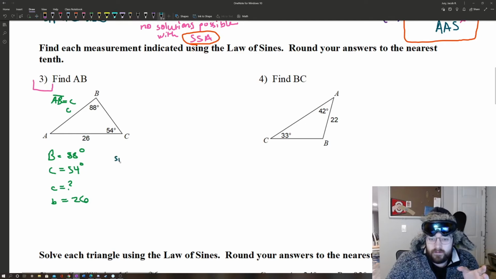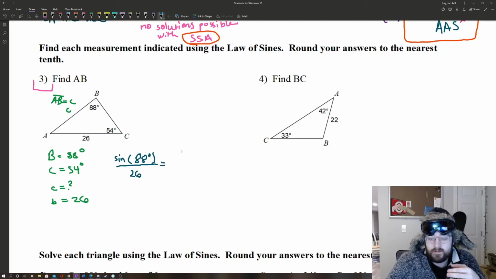So we can start to make our relationship happen here. So we'll have sine of B, sine of 88 degrees, so we'll just use 88. And we have to use the side that goes with 88 degrees, and that's 26.